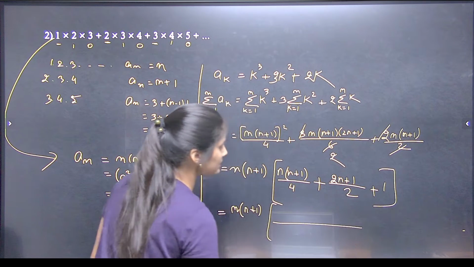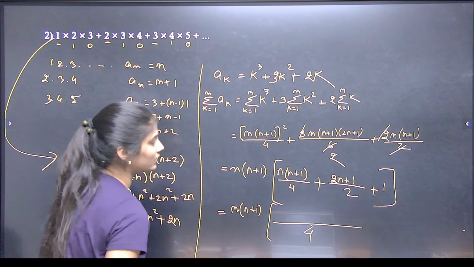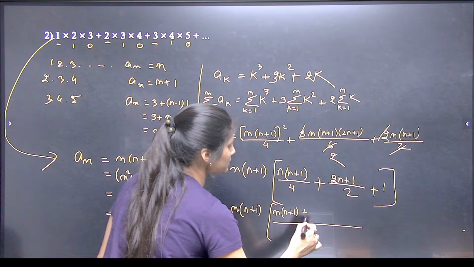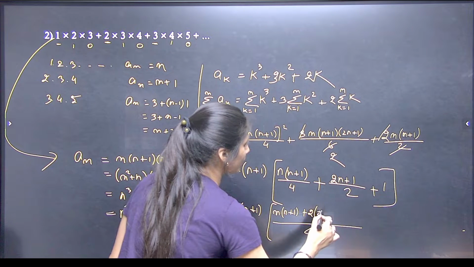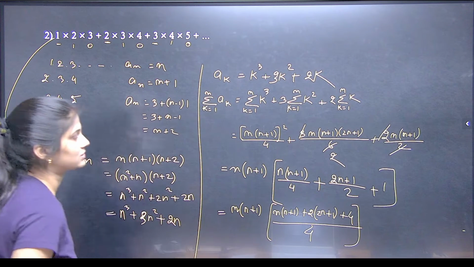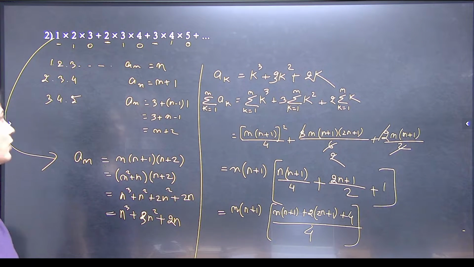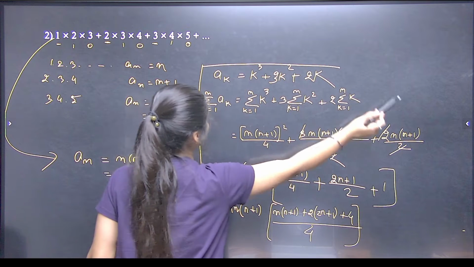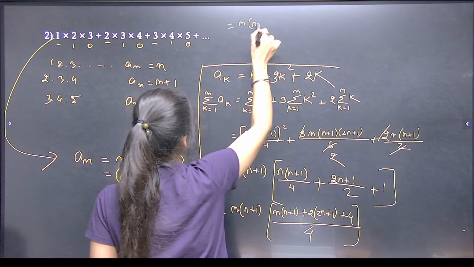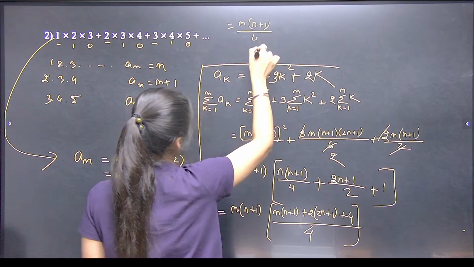So I am taking LCM. It is 4 at the denominator. It is n plus 1, okay, plus 2 into 2n plus 1, and then we have a 4. That's it. Got it?